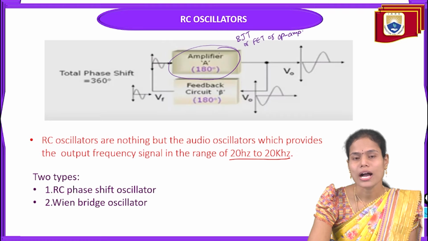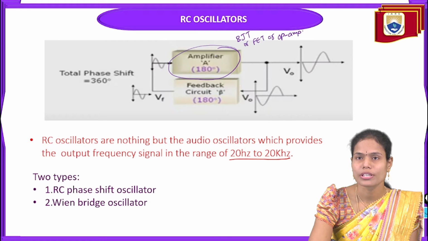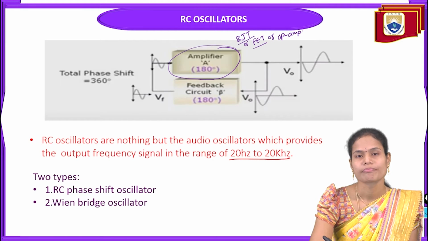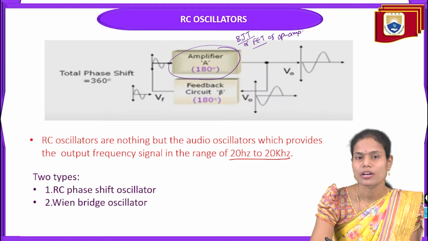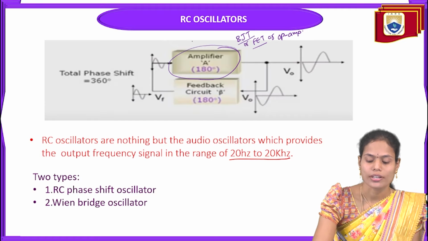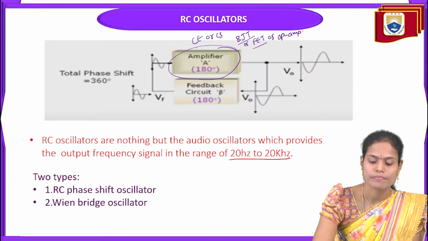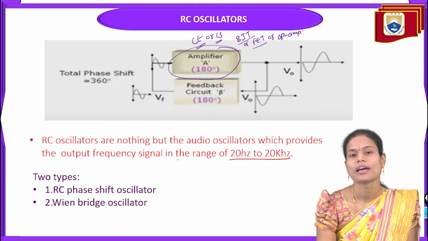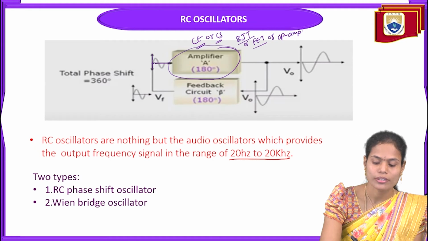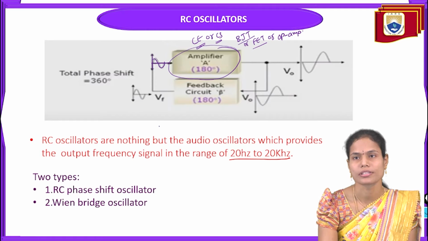In this case, the amplifier we need to design in such a way that it provides 180 degrees phase shift. Generally if you take a BJT or FET, we get the common emitter configuration or common source configuration. We can directly achieve a 180 degrees phase shifted output across the amplifier, so we can use either the CE or CS configuration of the amplifier circuit. For this amplifier, we are providing the input as a sinusoidal signal.